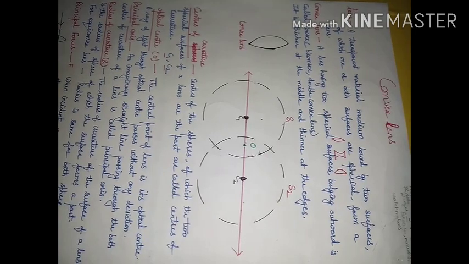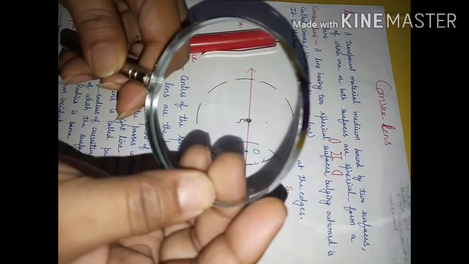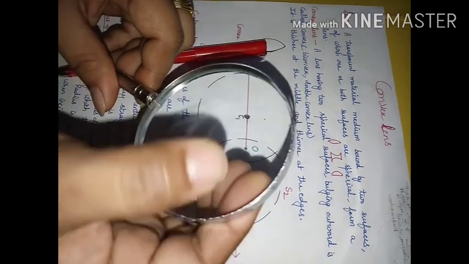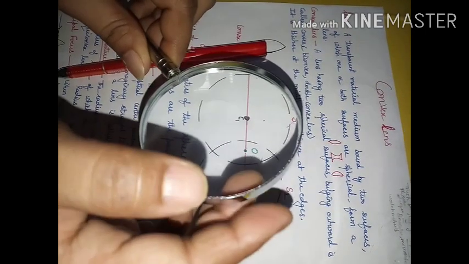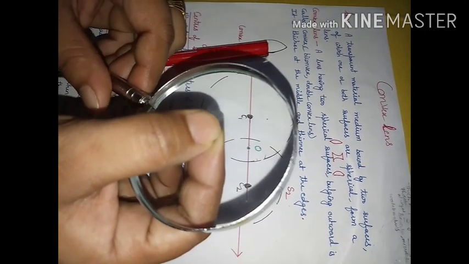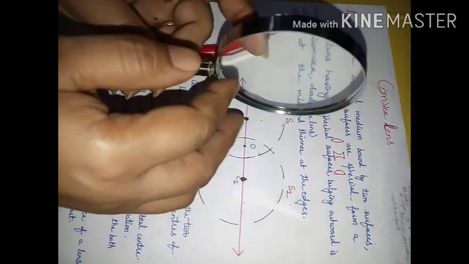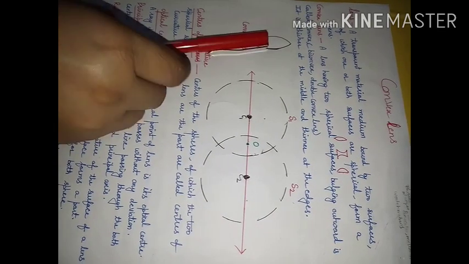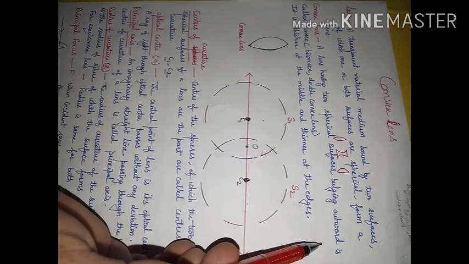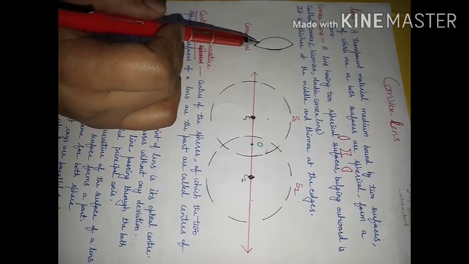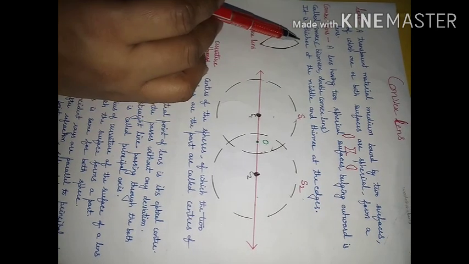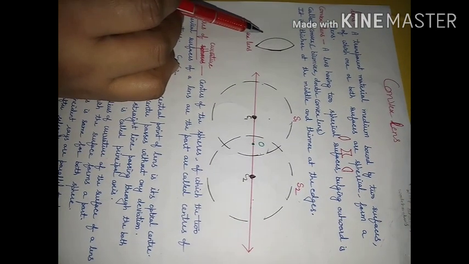If a frame is not there, and you touch the lens at the center, you will find it thicker, and at the edges it will be thinner compared to the central part. A lens which has two spherical surfaces bulging in the outward direction is called a convex lens. It is thicker at the middle and thinner at the edges.